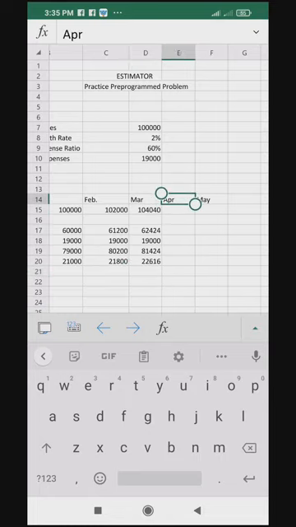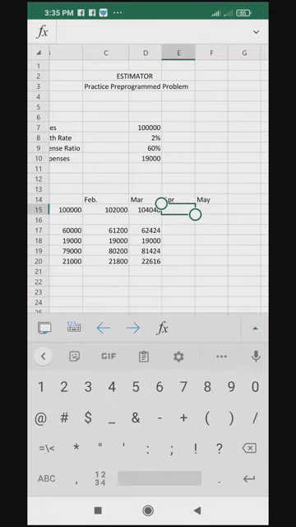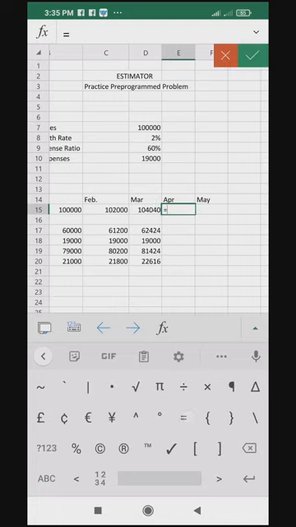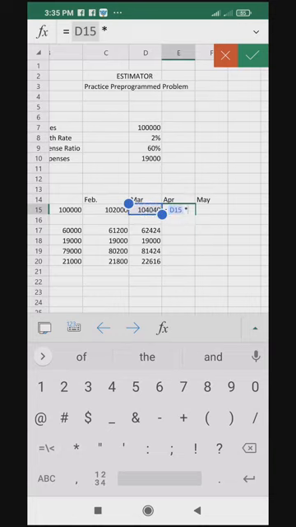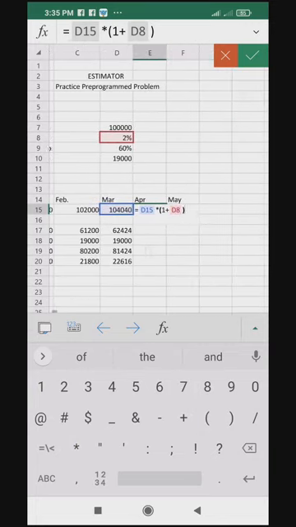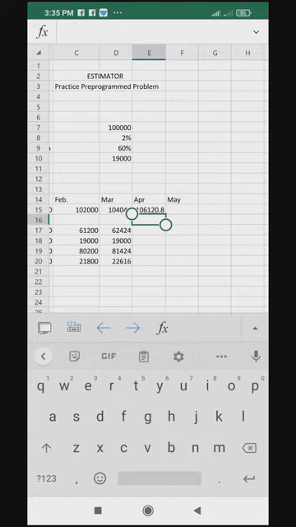And let's proceed for the month of April. So the sales for the month of April is equal to D15 times 1 plus D8, which is the sales growth rate, equal to 106,120.8.